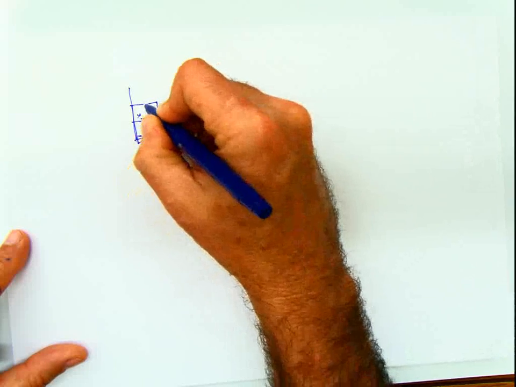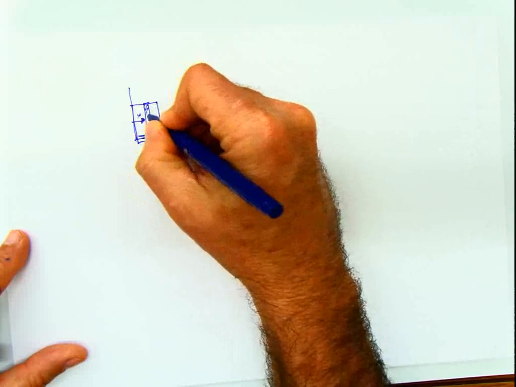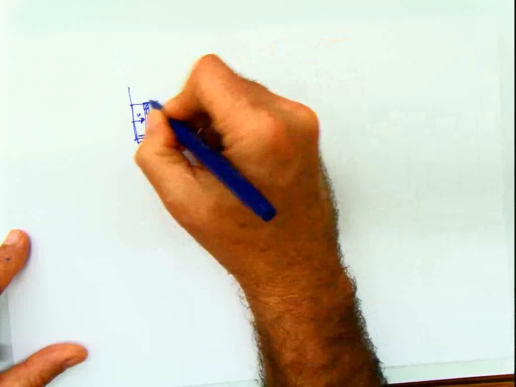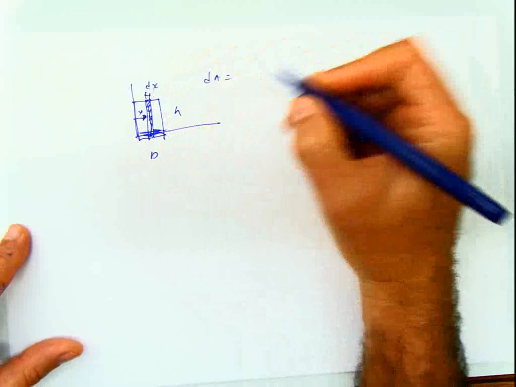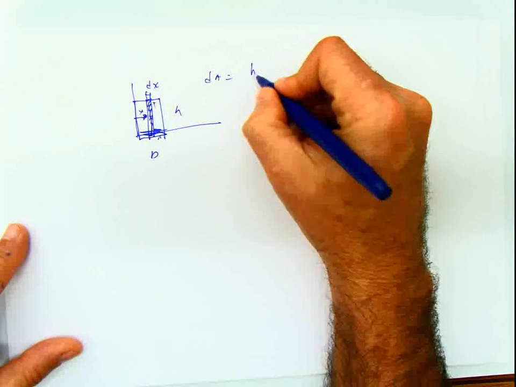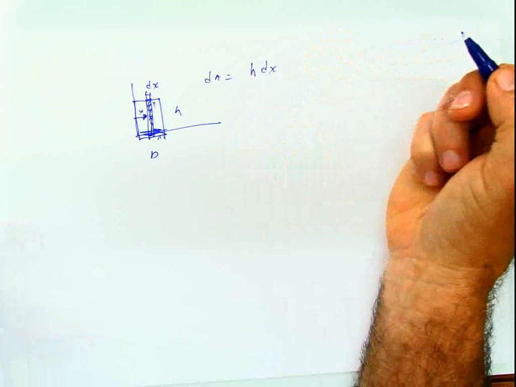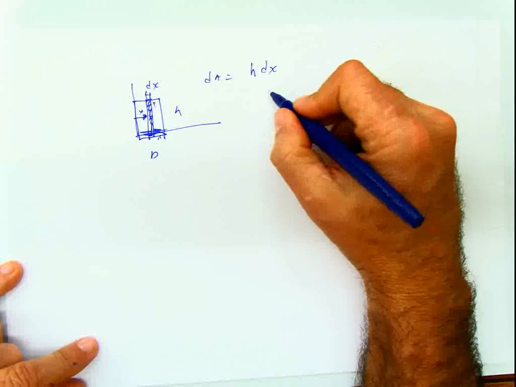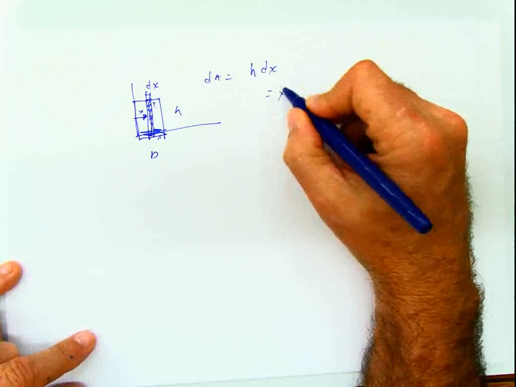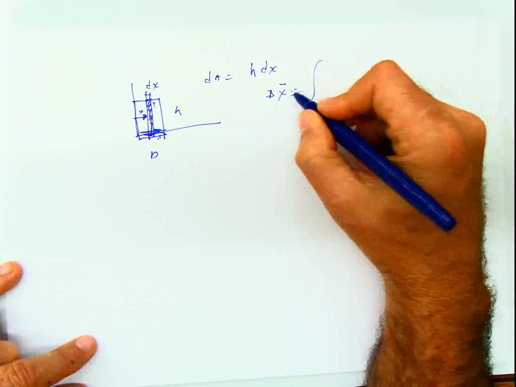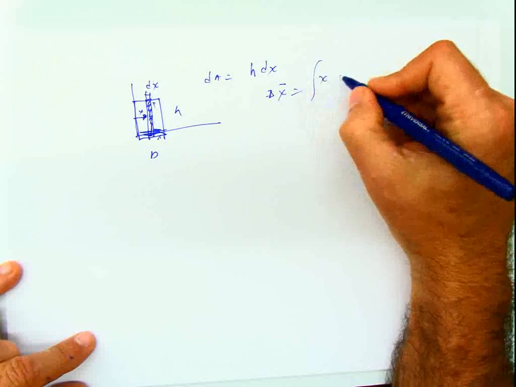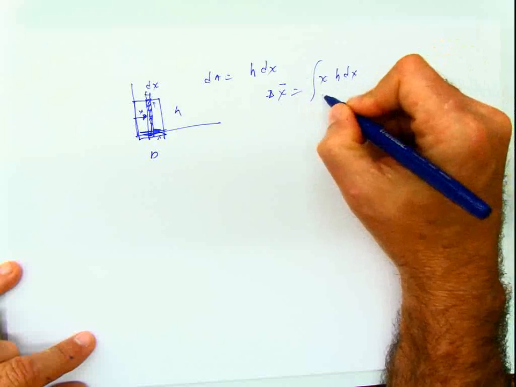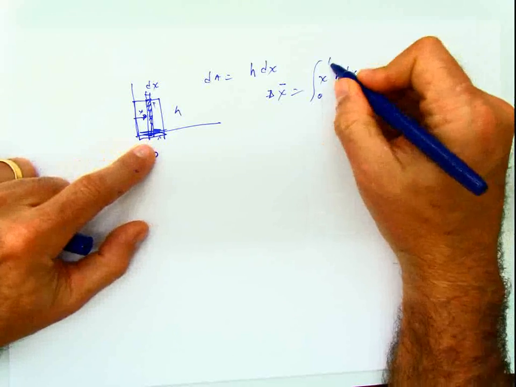I can measure x and say this is my differential of area, which is dx times h, so it's going to be h dx. And I can say that my x bar is going to be the integral of x dA, where dA is h dx, from 0 to b divided by the area.